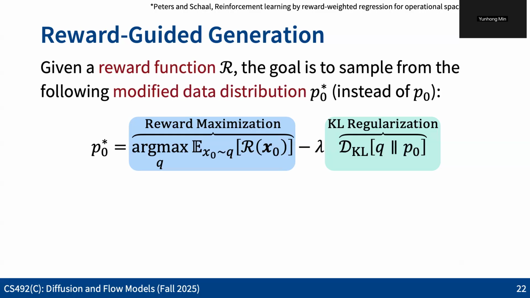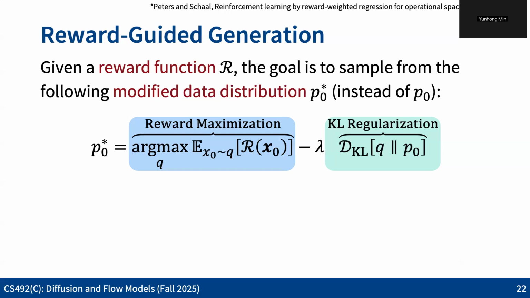As I also mentioned in the DPS case, as we try to maximize reward more and more, we might deviate more from the original distribution, right? But if we simply sample from the given distribution, we might have cases where the samples do not have a high reward.